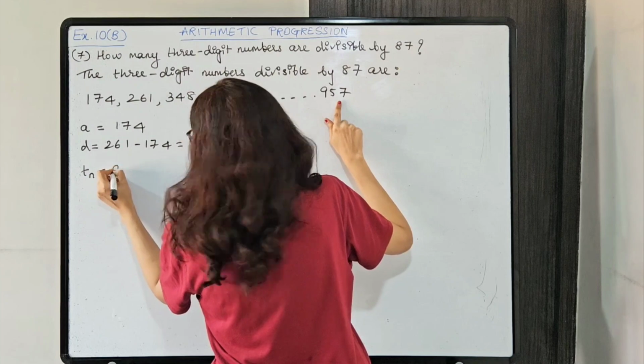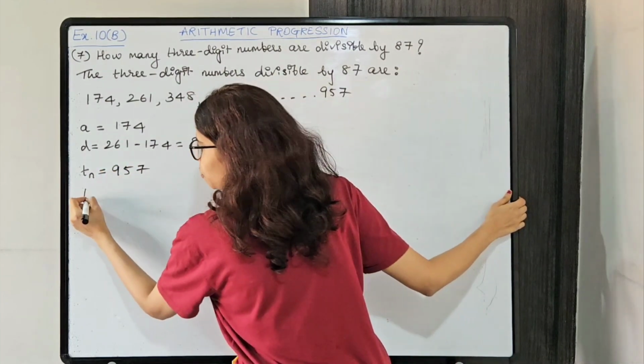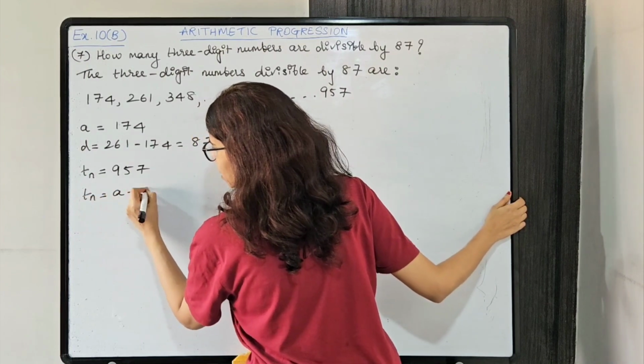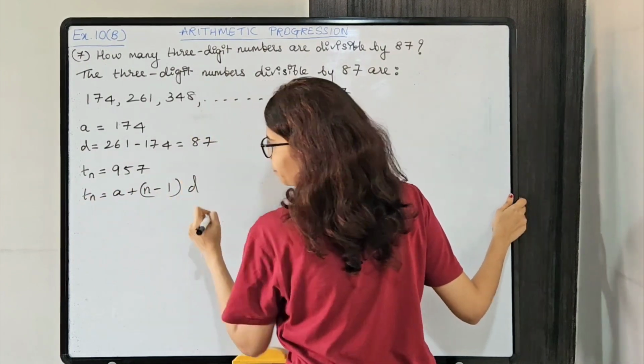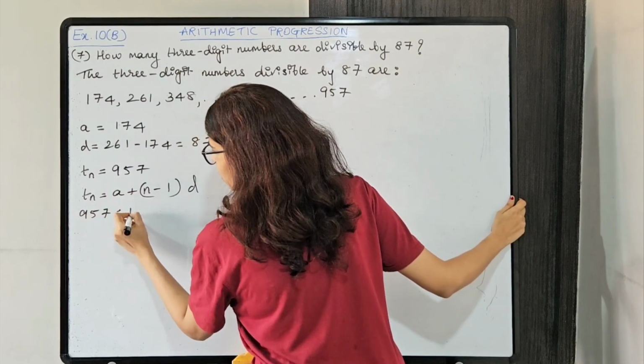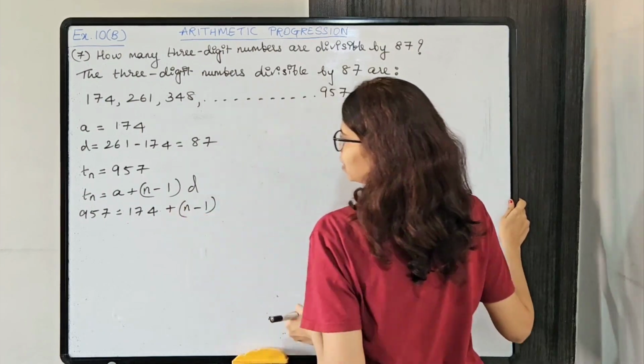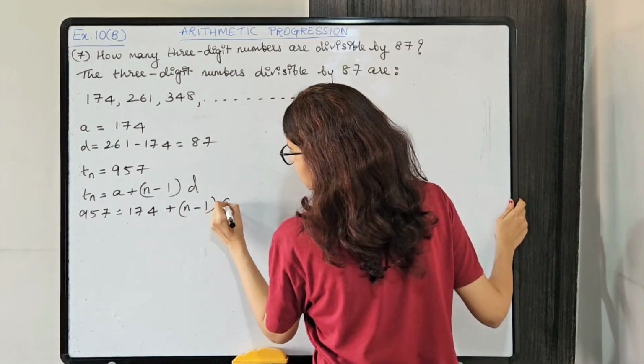So let Tn be 957. Using the formula for Tn, Tn is equal to A plus n minus 1 d. Tn is 957. A is 174. N as it is. And D is 87.